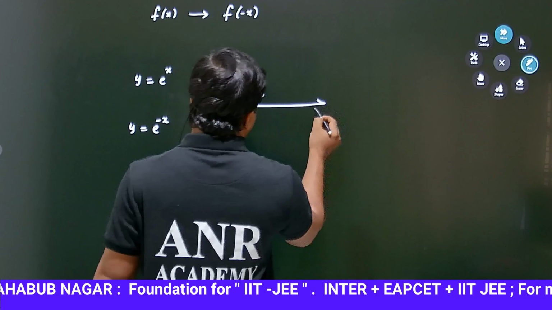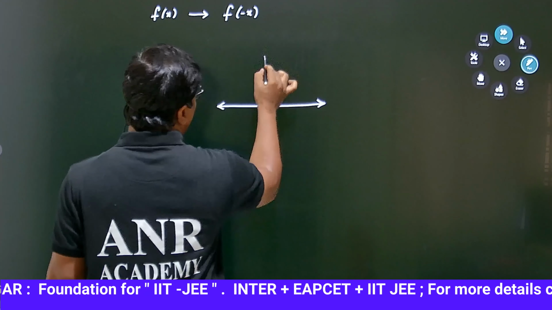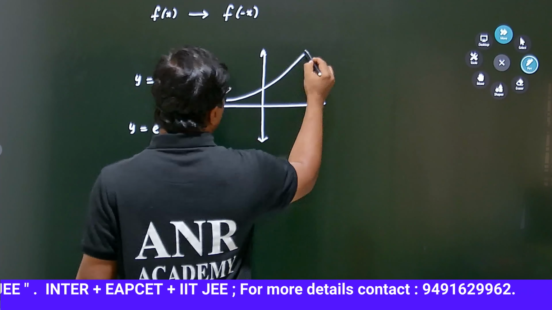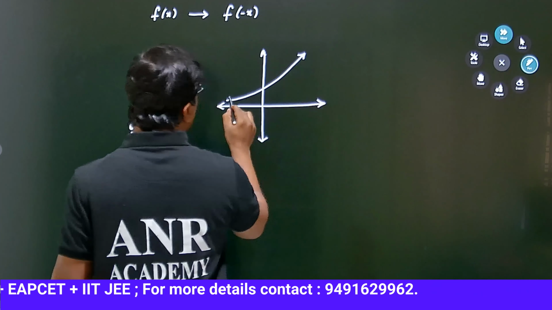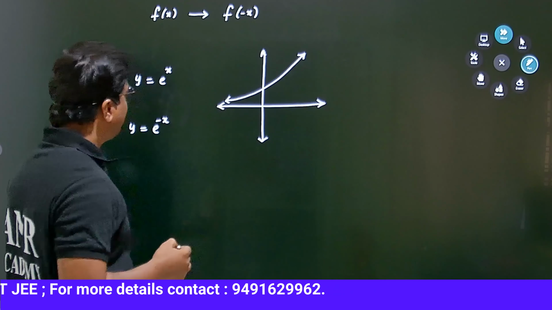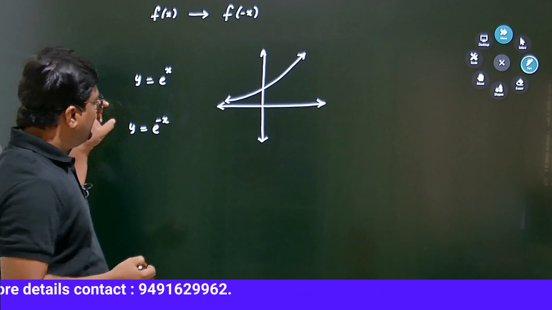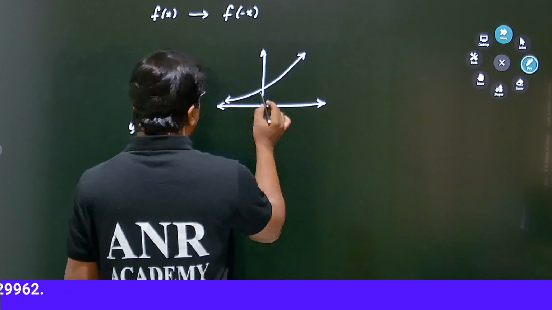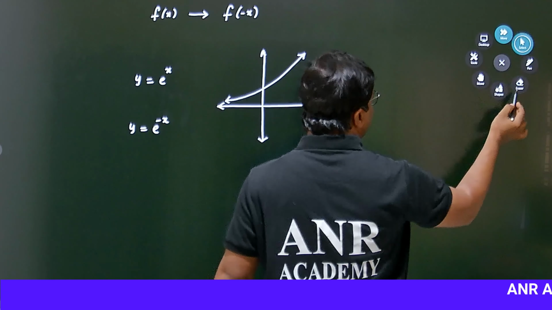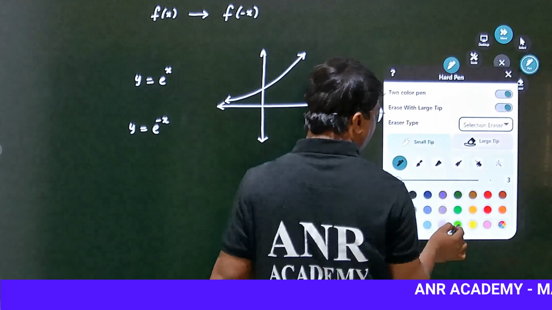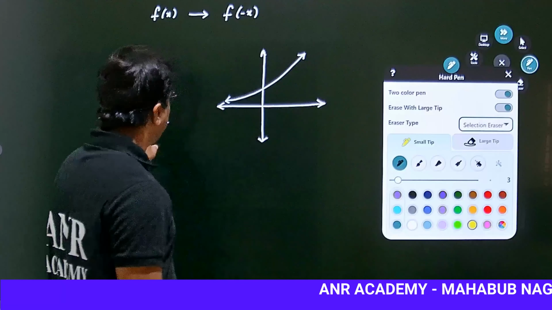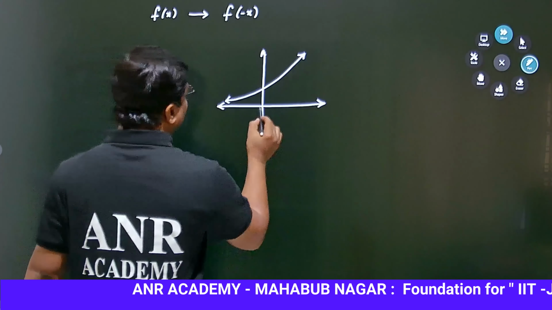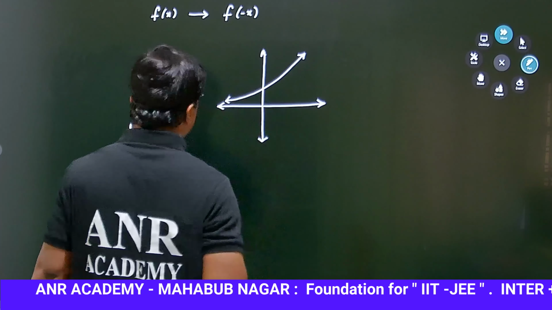The e power x graph, we know, is a rapid growth function that exists entirely above the x-axis. Now let us draw the graph of e power minus x. At 0, e power x is e power 0, nothing but 1, and at 0 e power minus x, e power minus 0 is again 1.